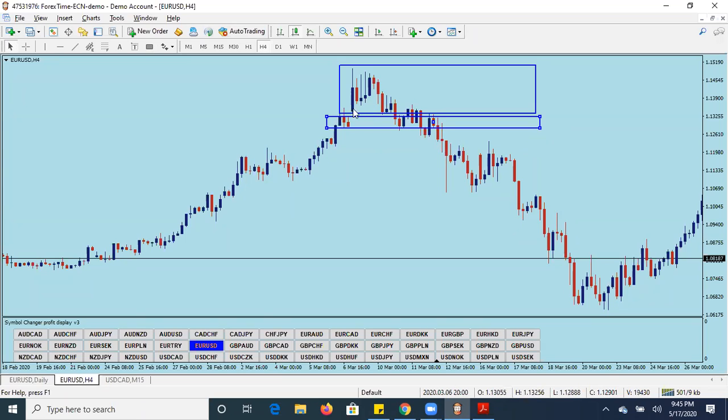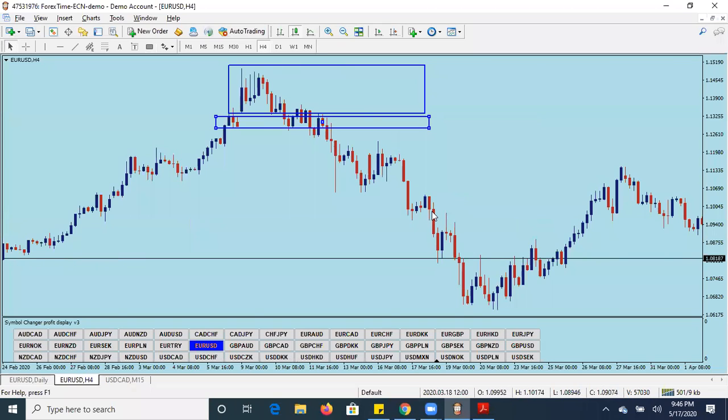So if price trades back into the order block, then I'm looking for reasons to want to sell. I'm looking for something very simple. Okay, so let's use this. So say this is our order block, right?